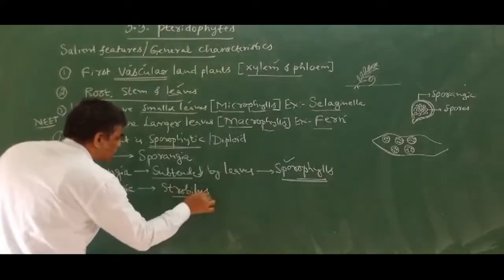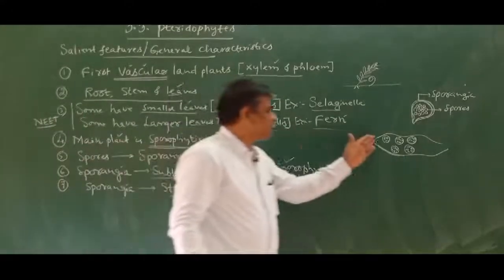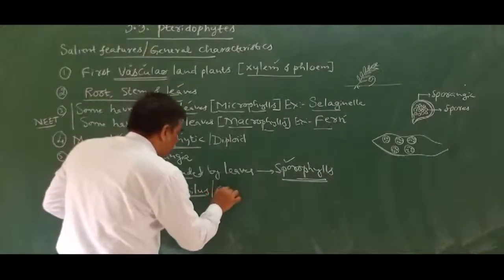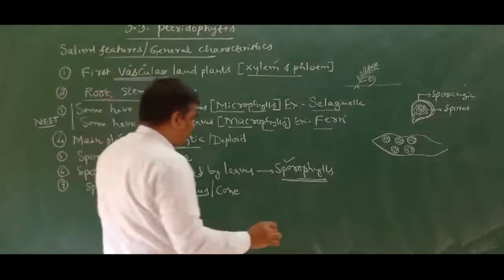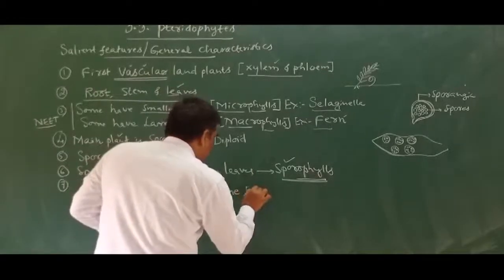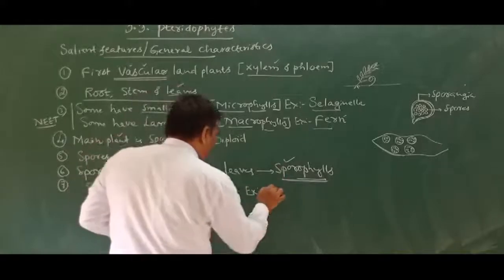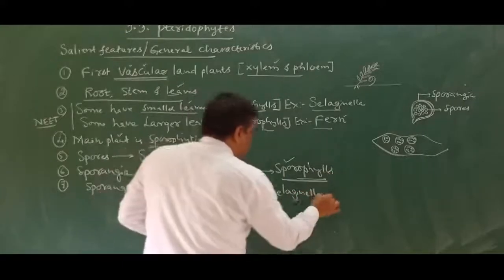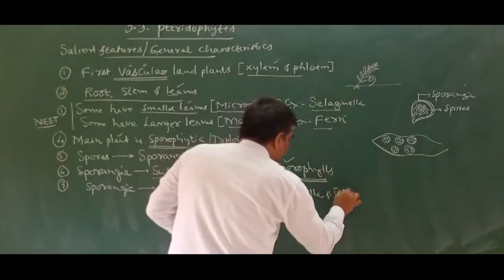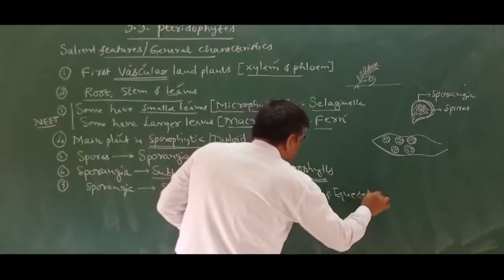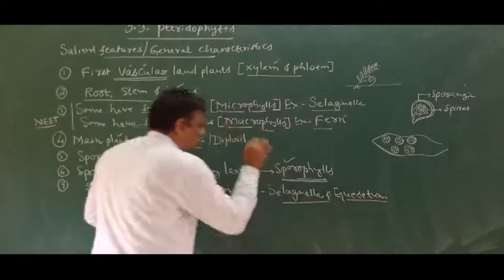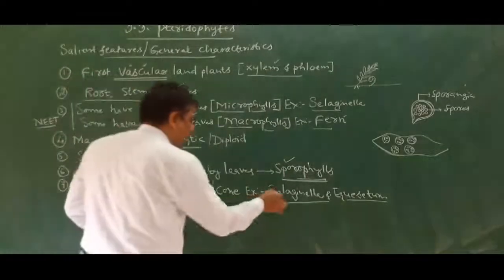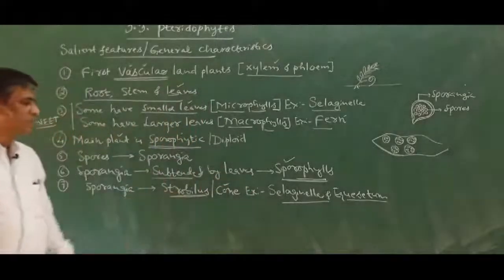Instead of being associated with the leaves, there is a formation of a strobilus, or cone. Cone-shaped structures are formed, and you can find this in some plants like Selaginella, once again Selaginella, and one more, Equisetum. These are the plants which have cones. A compact structure formed by these sporophylls is called a cone or strobili.